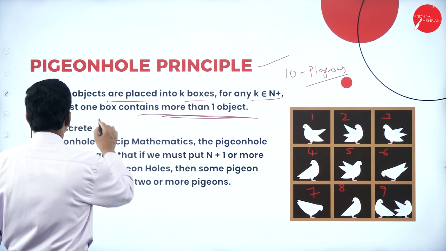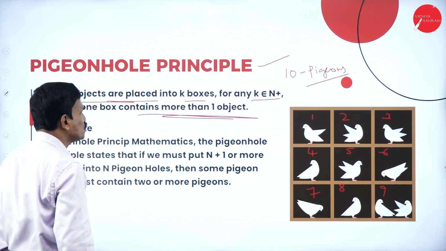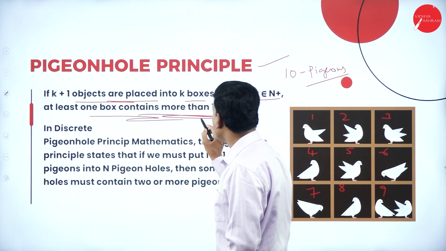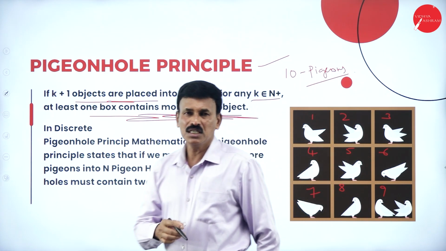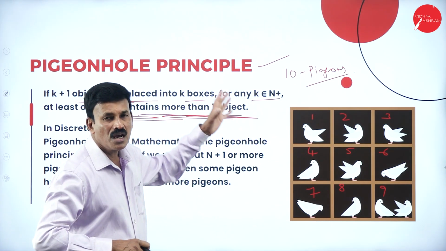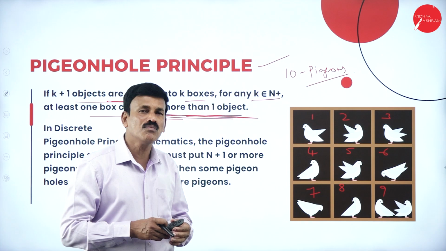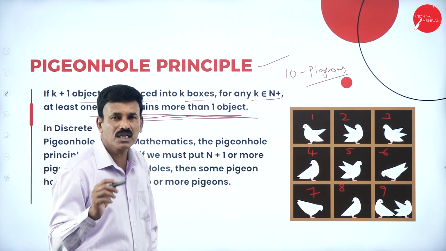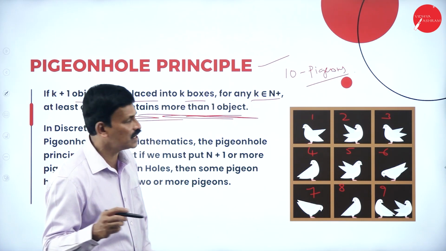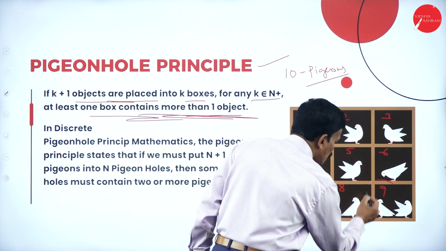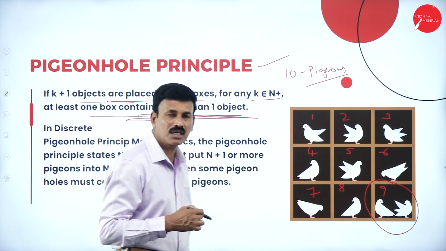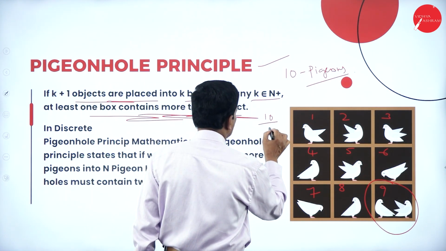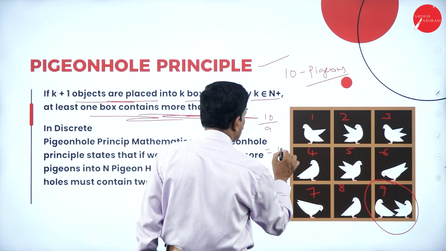That means if k plus 1 objects are placed into k boxes, for any k belonging to the positive integers, at least one box contains more than one object. If there are 9 holes and we place 10 pigeons in them, at least one of the holes will contain more than one pigeon. See here, this 9th hole contains 2 pigeons. If you divide 10 by 9, how much do you get? 1 point something.